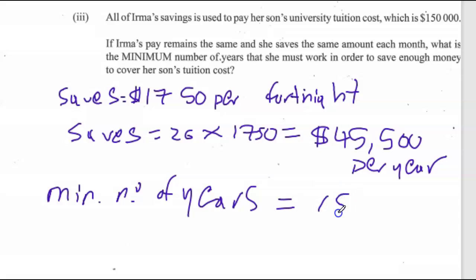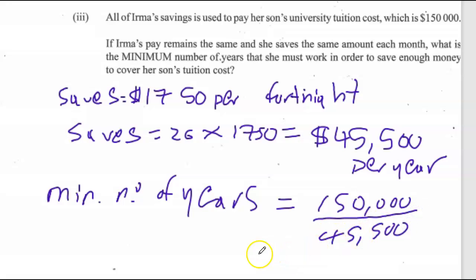We can just simply divide the amount she needs to save by the amount she's saving currently per year, and we end up with 3.3 rounded to 1 decimal point. But remember, so she will work a little over 3 years. So the minimum amount of years would be 4 years. Alright? So 4 years.